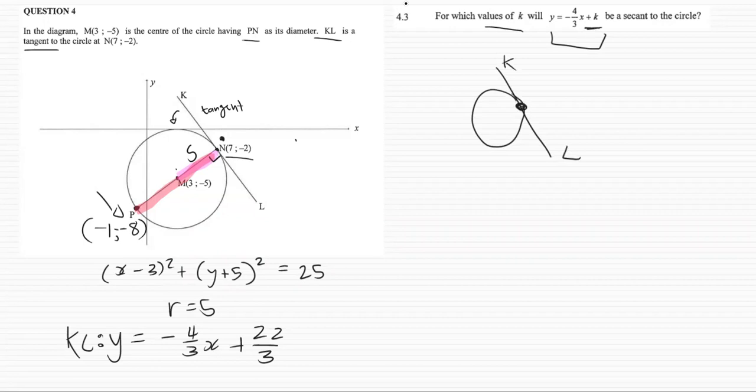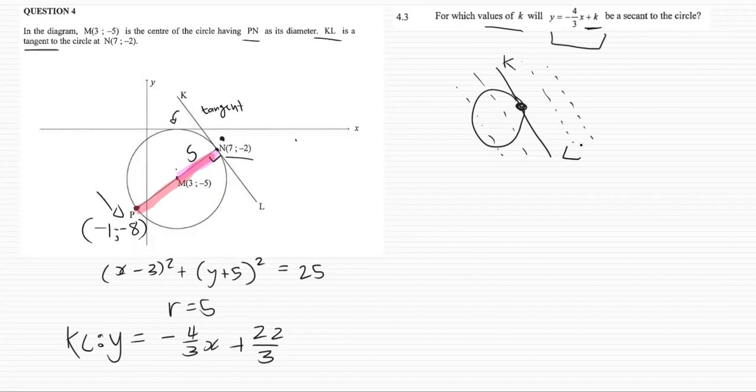And it's saying k, which moves the line. The gradient is going to stay the same, but the line is going to move up and down. So it's going to move sort of along here, or it can move to here. So as you change k, the line will move in that fashion.